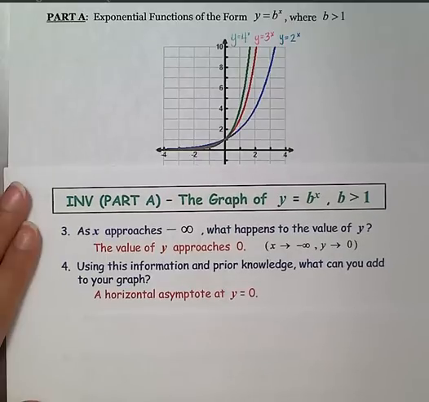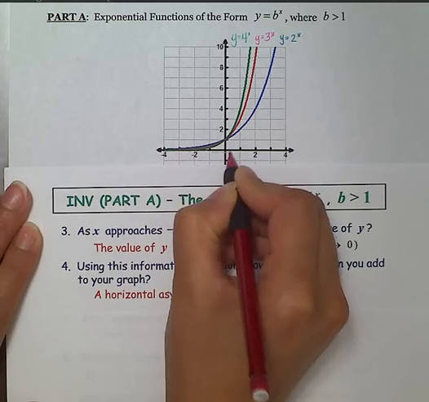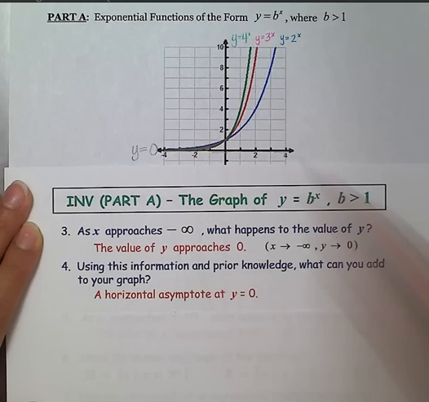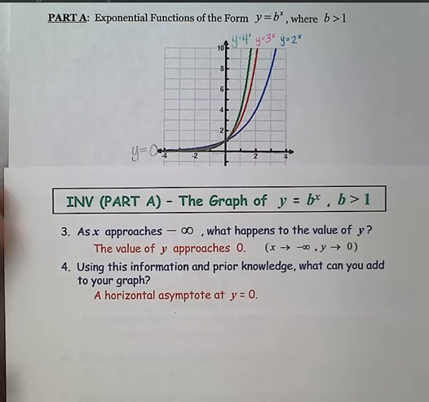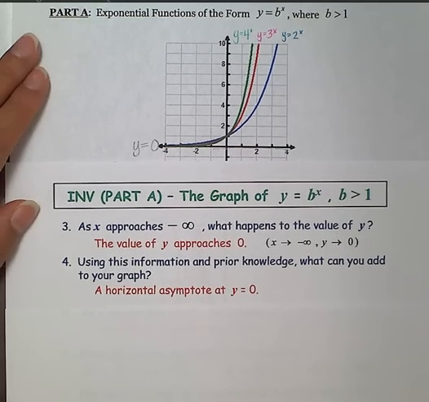I'll add that in now. It might be hard to see, but remember, when drawing horizontal asymptotes, we use a dashed line.